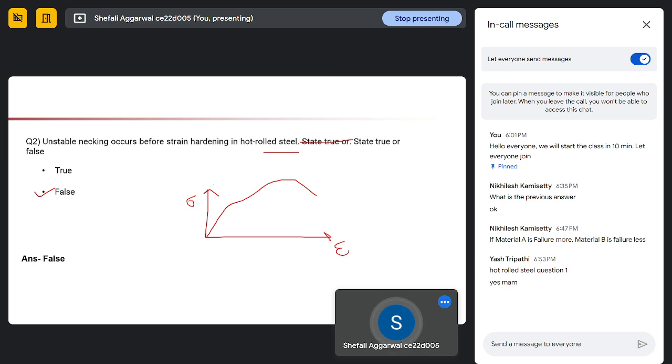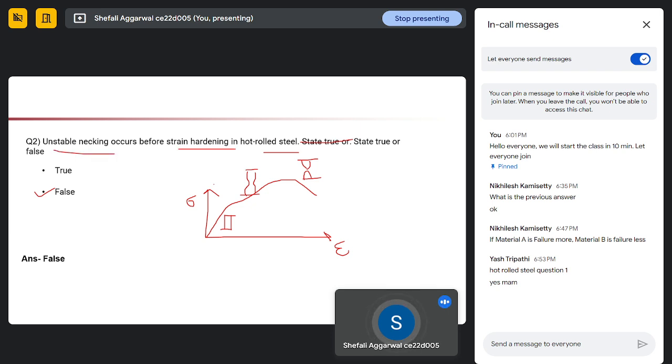In hot rolled steel, there will be a complete deformation of material from this point, and then this is the strain hardening area. At this point there will be necking, and then there will be a complete ductile failure at the ultimate stress point. So here it is saying that in hot rolled steel, the unstable necking will occur before strain hardening.